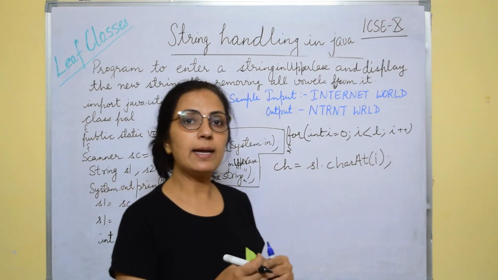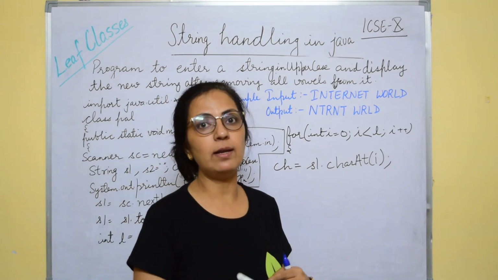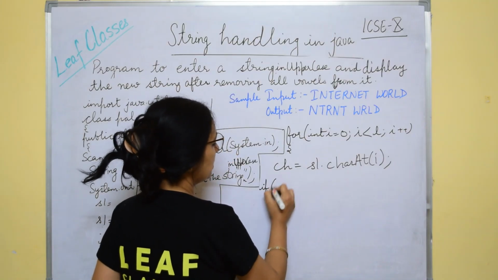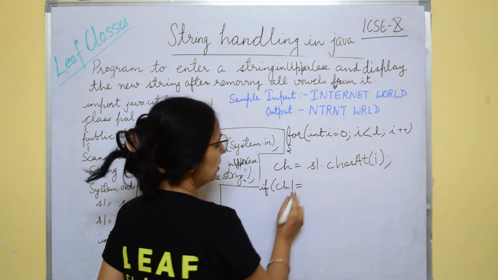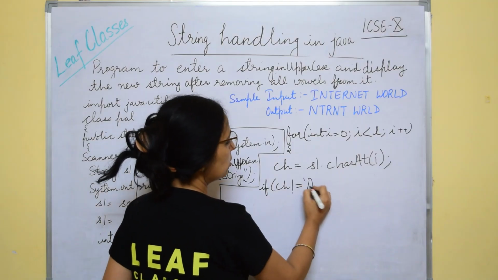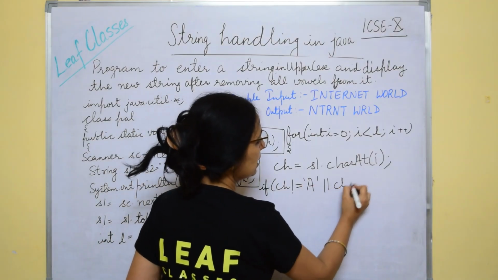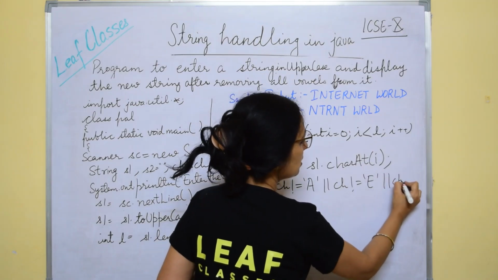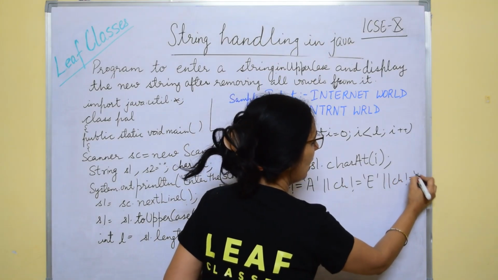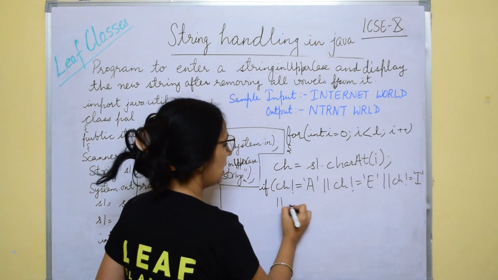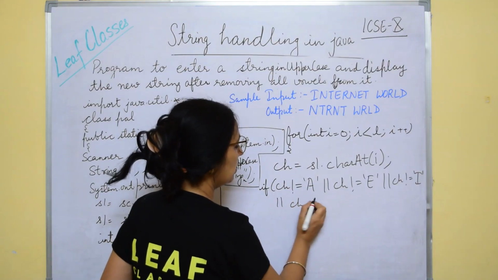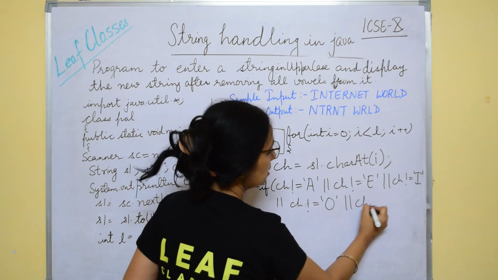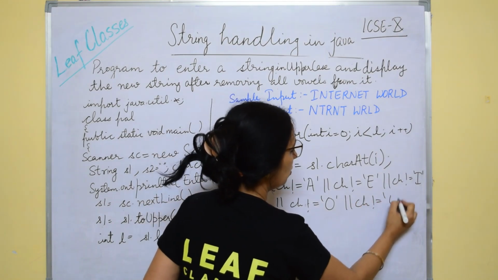Now if the character is not a vowel, we will add that character. So here we will write if ch is not equals to, this is the symbol for not equals to, A, or ch is not equals to E, or ch is not equals to I, or ch is not equals to O, or ch is not equals to U.